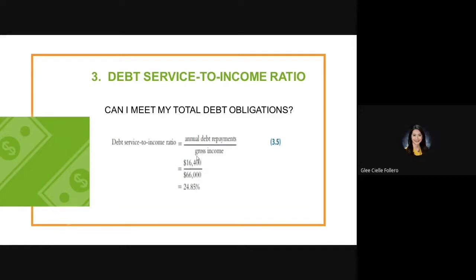This ratio should decrease as you grow older. So pwedeng ngayon, dahil nasa 20s pa lang kayo, nandun pa kayo sa more than 36. But as you grow older, dapat nagde-decrease yung debt service to income ratio nyo.